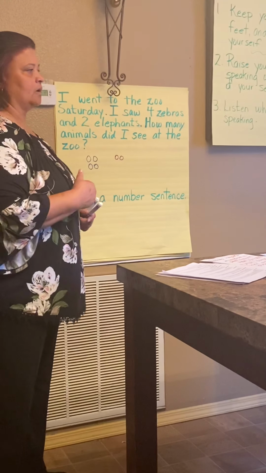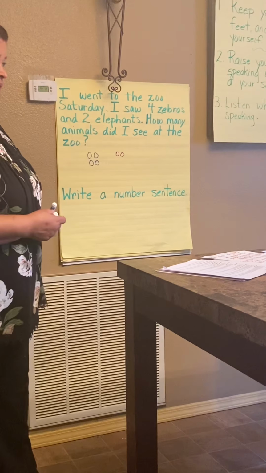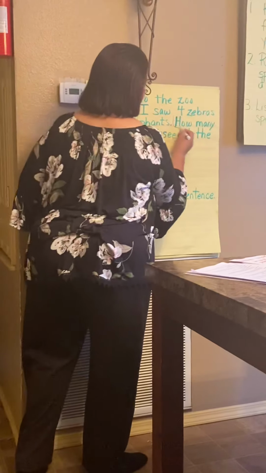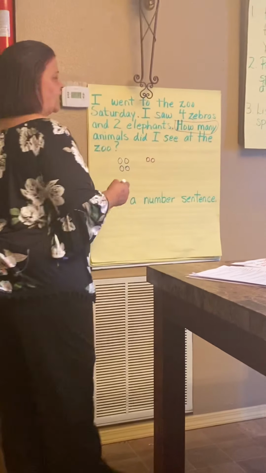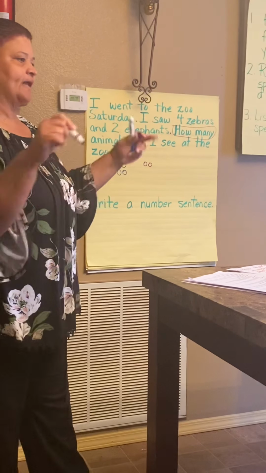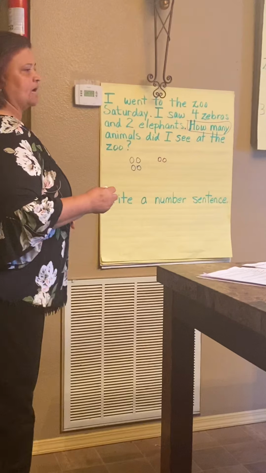What I want to know is how many animals did I see when I went to the zoo? Since I want to find out how many, I need to know the total. So I'm going to add the zebras and the elephants that I saw to get the total.